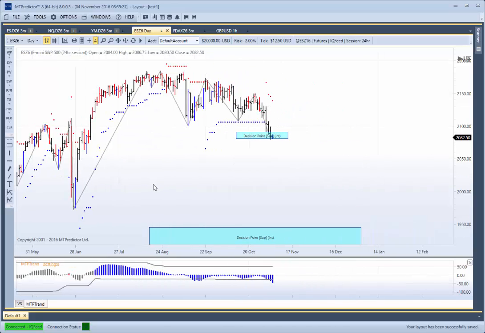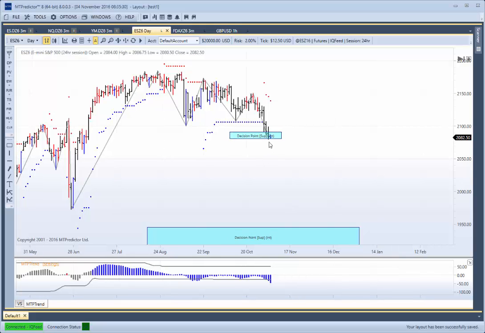So this is what I was looking at in our training webinar for customers, is that if we have a failure of this support zone here, and that normally constitutes 2 consecutive closes below the low, then we could very well carry on down into this next low here. And obviously this is very important, as we could have a major event coming up in the next week or so with the US elections that could move the market significantly. So we're at a major support zone on the ES.